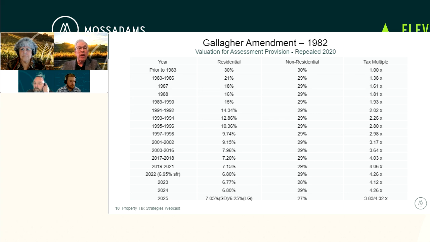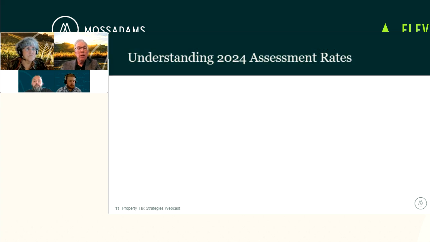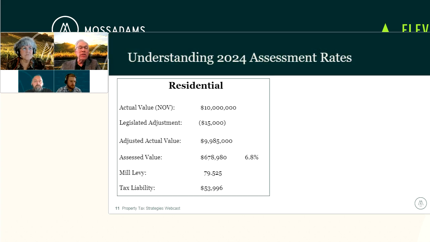Commercial is 4 times that of residential. So what does that mean? If I have a residential property in Colorado, okay, and the assessor says it's worth $10 million, you do the calculations, and I pay about $54,000 in property tax because of that 6.8% assessment ratio.